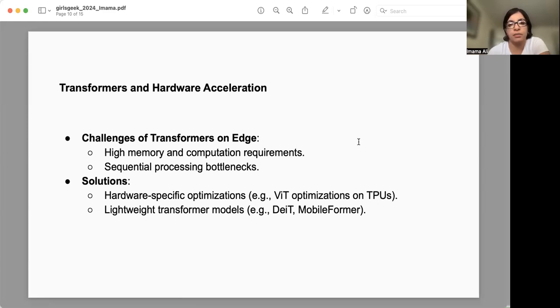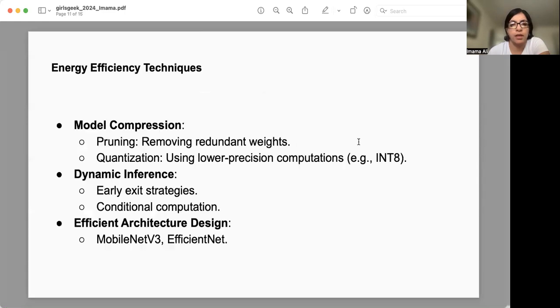So there is a push to be able to use different cores for data at different sequences in the model. And also, there are hardware specific optimizations with regards to ViT, and there are lightweight transformer models as well.